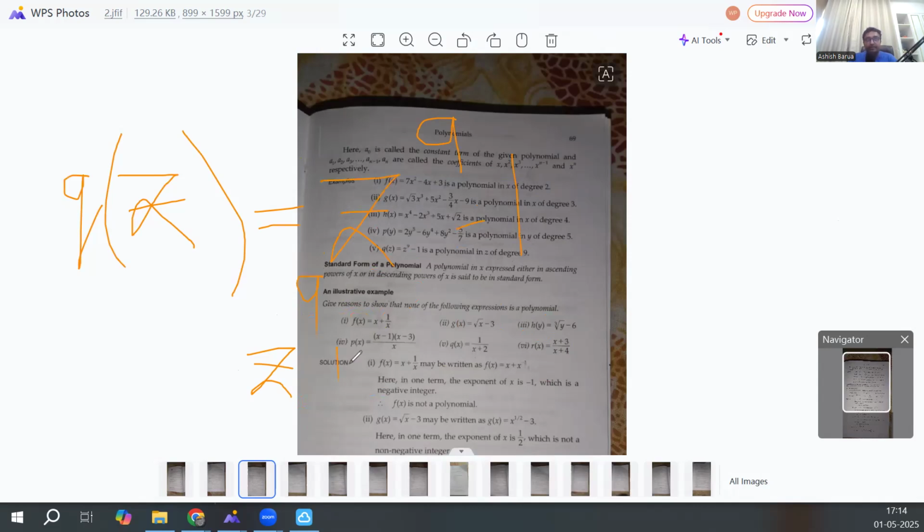Then plus 0 into z to the power 8, and plus 0 into z to the power 7, and so on. Ultimately, it becomes z to the power 9 minus 1. And what is the highest degree? The highest degree of the polynomial is 9. So q(z) is a polynomial of z with degree 9.